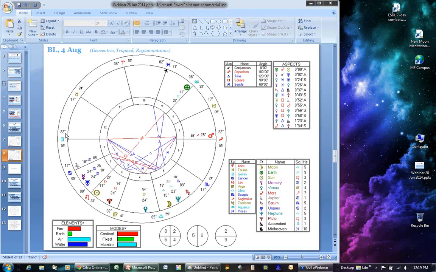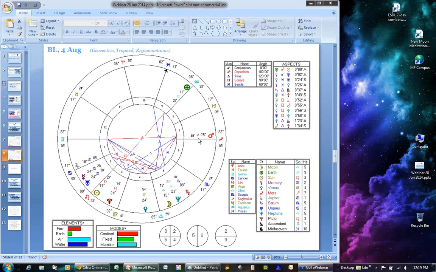And this Mars is part of my T-square with the ascendant. I have to work with that, with Mars, Venus, and the ascendant. And Mercury is the esoteric ruler, so I have to work with that with the ascendant. So these two have to learn to get along if they're both going to work in conjunction with my ascendant.